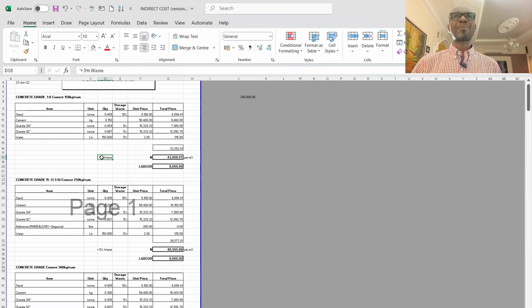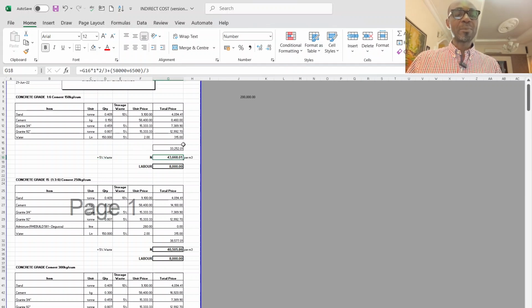Then they can just apply a rounded figure. So there's no point putting shrinkage waste, transporting waste, and all of the waste. So in this case, say it is a 5% waste across all boards for this item.